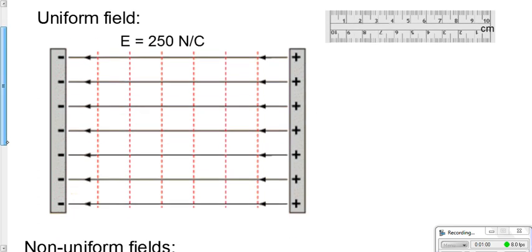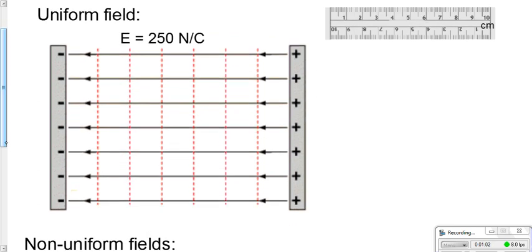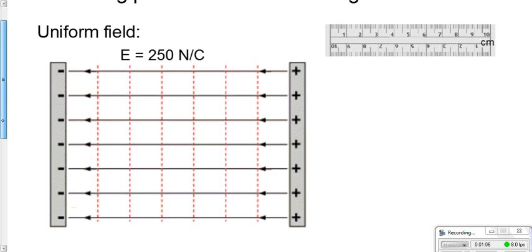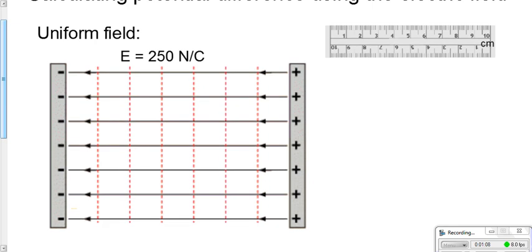So let's look at the connection between them in the easiest situation, and that is when the field itself is uniform. I have here the most common way to get a uniform electric field, and that is a couple of parallel plates. We refer to it as a parallel plate capacitor. And I'm going to imagine we have an electric field in there of 250 newtons per coulomb.